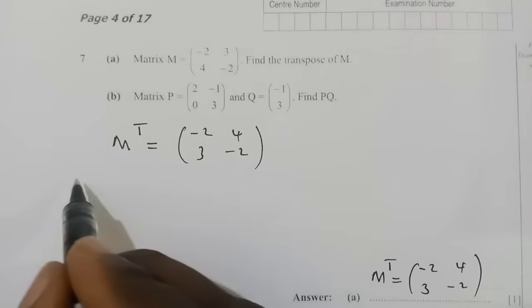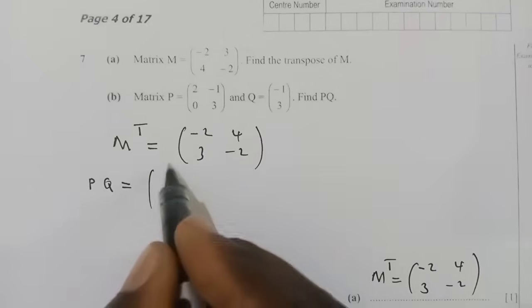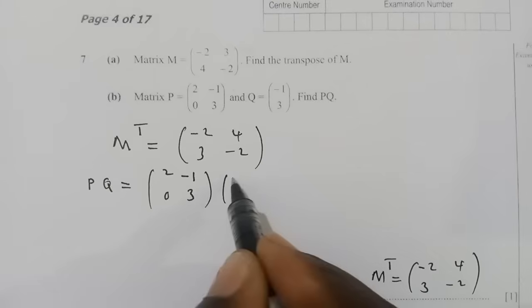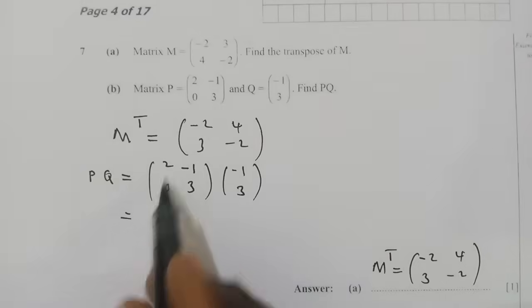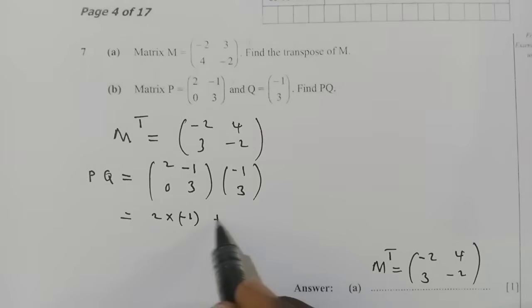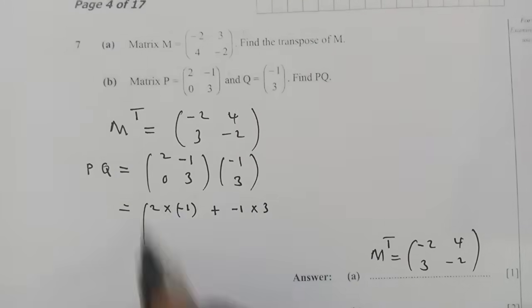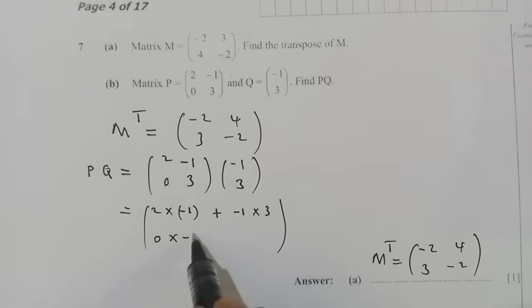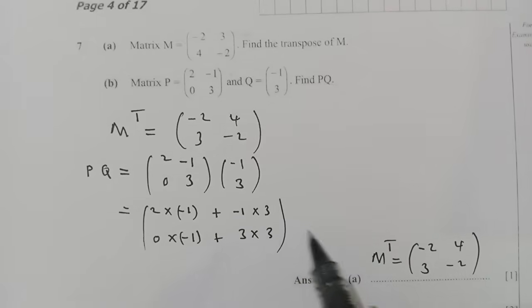The next question, they want us to find the PQ. We multiply. So 2, 0, negative 1, 3, we have negative 1 and 3. So to multiply this, it will be 2 times negative 1 plus negative 1 times 3. Next one, 0 times negative 1 plus 3 times 3.